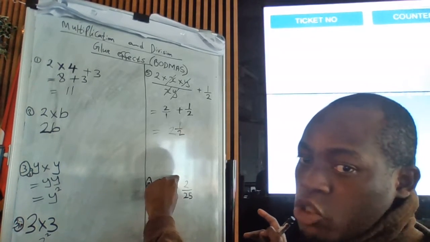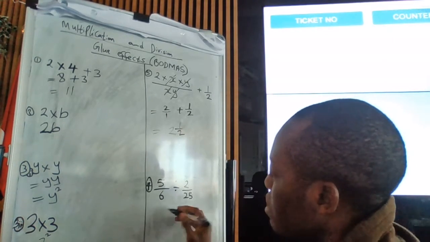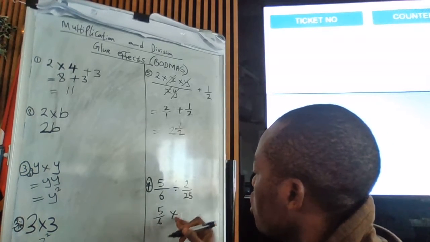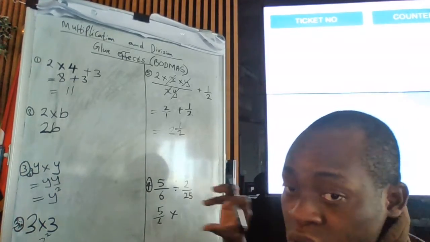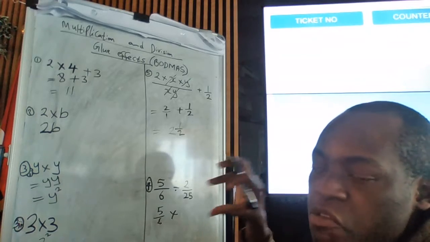This division will change to multiplication, while this one will turn upside down. That is 5 over 6. The division will change. Then the superior owner of this division. I always tell you, the owner of any arithmetic sign is the one in front of it.